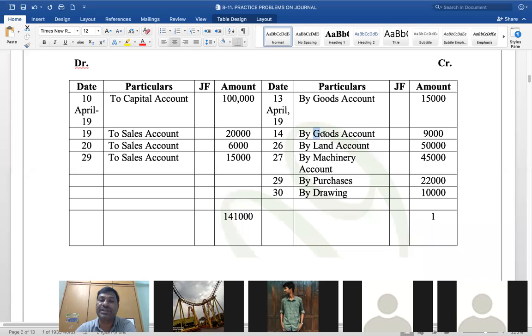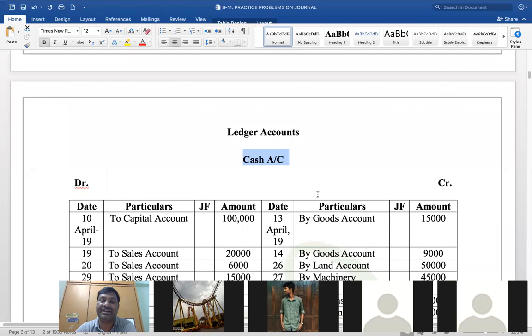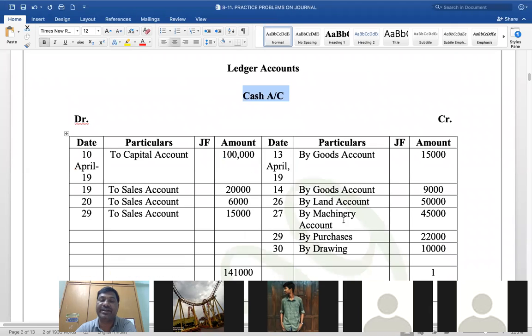Debited is written on the debit side; credited means written on the credit side. So cash account is credited, written on the credit side with a prefix 'by', credited with goods account, 9,000.